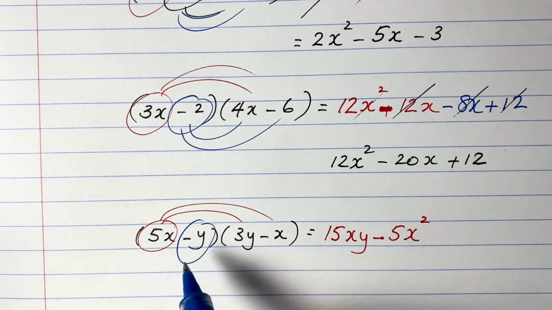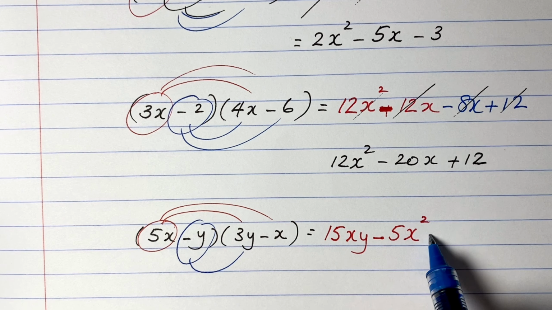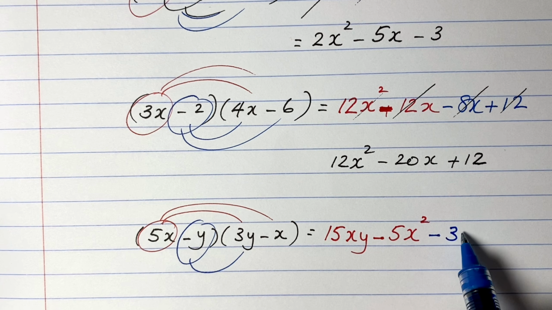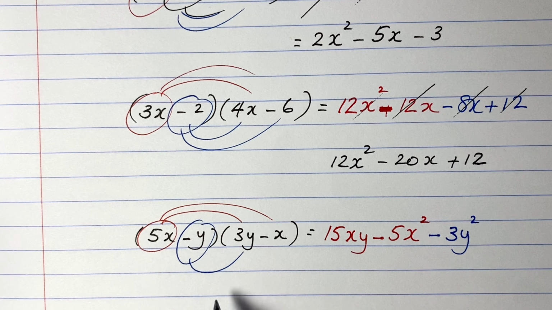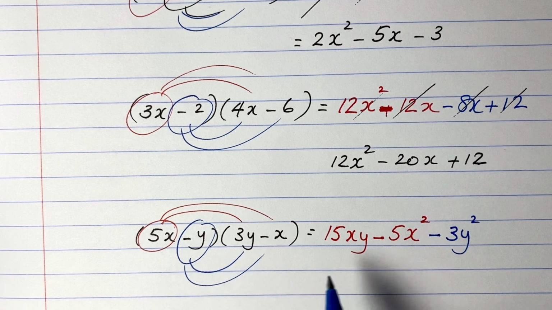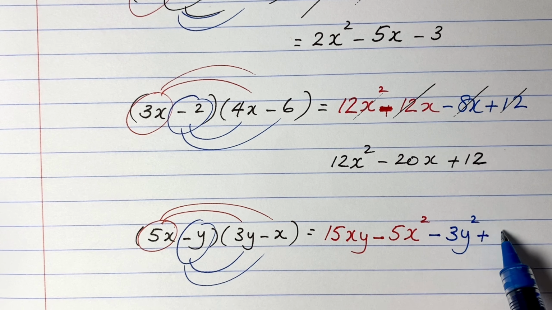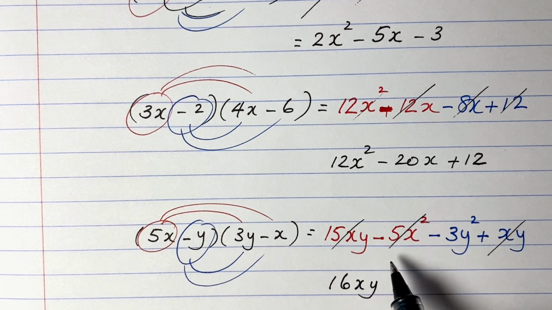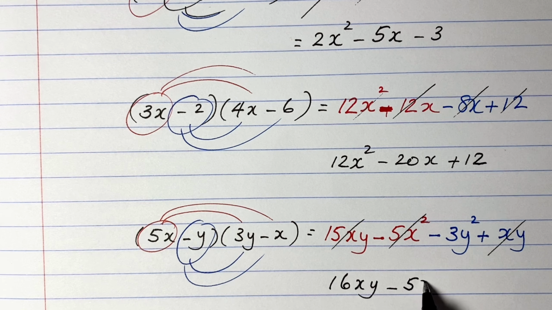Then we are multiplying minus y times 3y. Minus times plus, minus y times 3y, 3y squared, and minus y times minus x is plus xy or yx. Let's simplify. 15xy and xy, that's 16xy. Minus 5x squared, minus 3y squared.